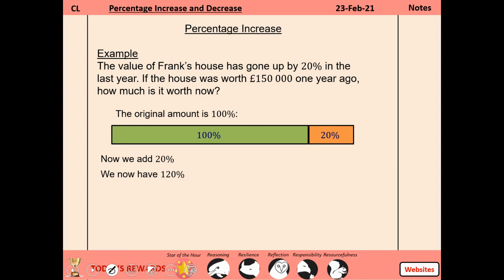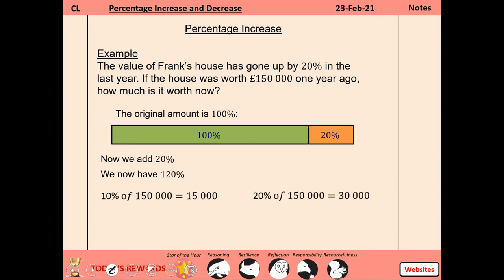So we need to work out 120% of £150,000. How can I do this? I can work out 10% to begin with. 10% of £150,000 is £15,000.